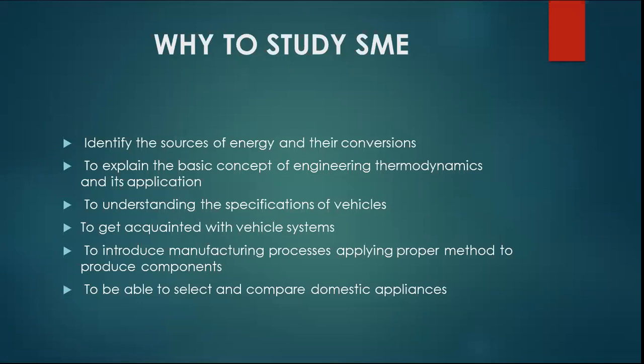There are also different sources of energy, like petrol, diesel or kerosene. Do you know these? All of these are sources of chemical energy. When we burn petrol, diesel or kerosene, we obtain heat.